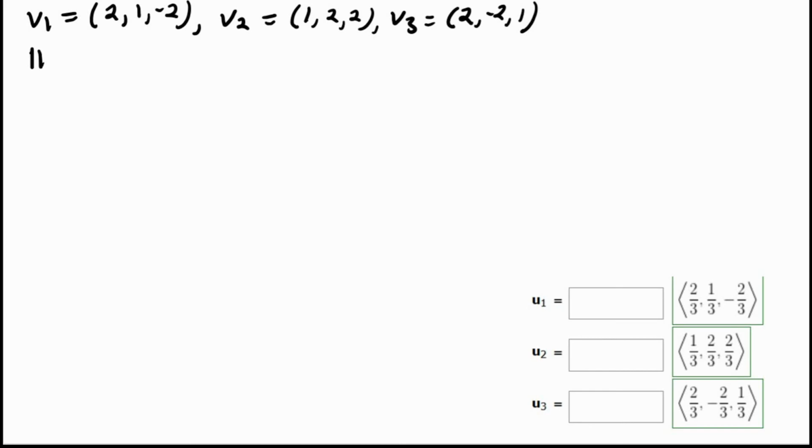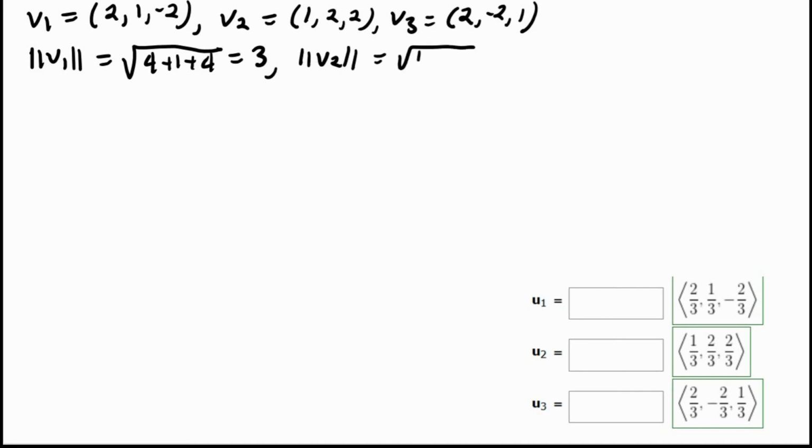So I need the norms of each of these. So this is 4 plus 1 plus 4, so it gives us 3. For v sub 2, we get the square root of 1 plus 4 plus 4, which is 3. And the norm of v sub 3 is the same.